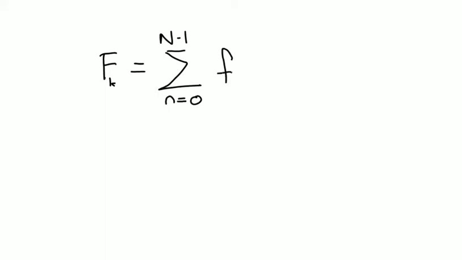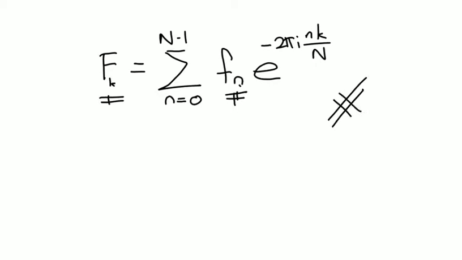We have this small letter f subscript n, which is the original data point, and Fk is the Fourier point. We have this exponent, e to the power of minus 2 pi i n k divided by the big letter N, where i is the complex number. This is the form of the discrete Fourier transform.